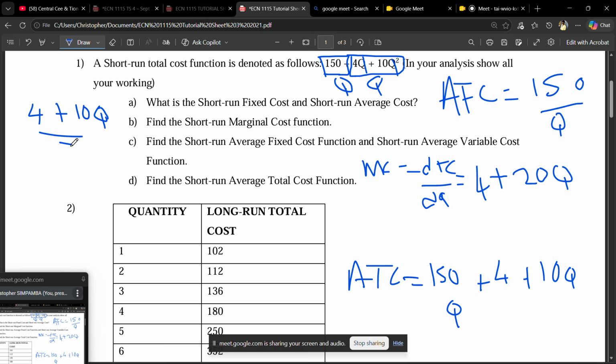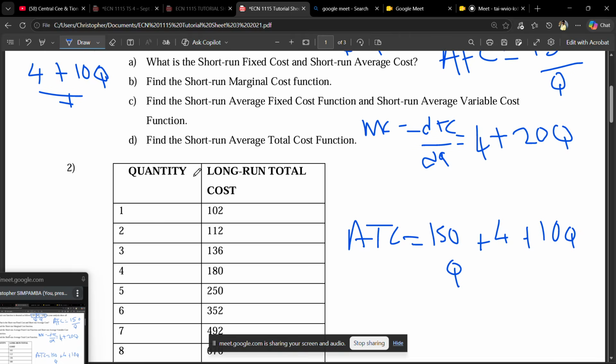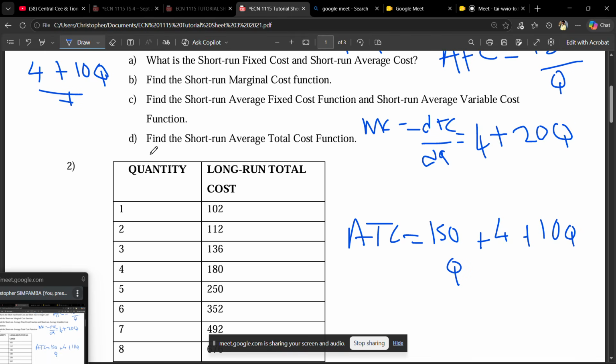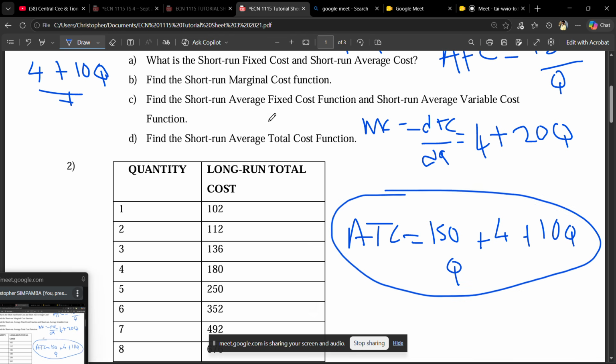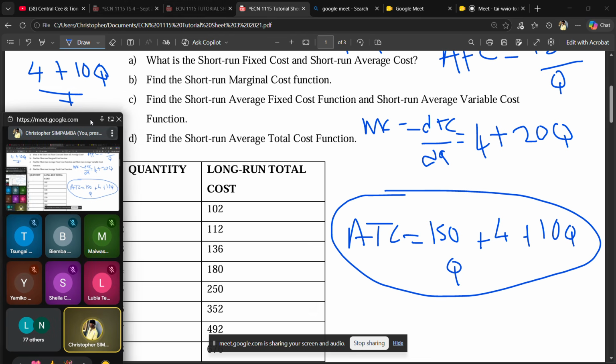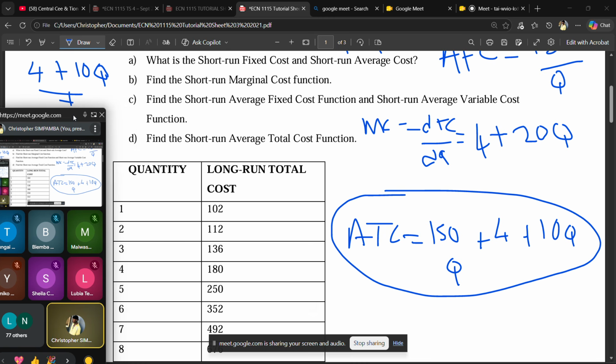So this is our average variable cost function. For D, they were asking to find the short run average total cost function. I believe we've already found that one here. They basically asked the same questions even for the first question. Are we okay? We move on to question 2.